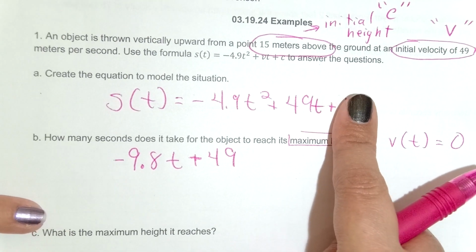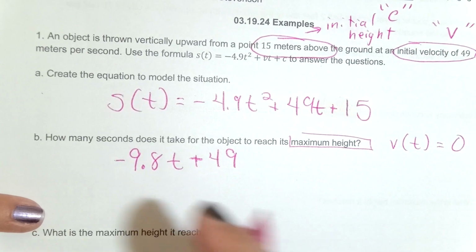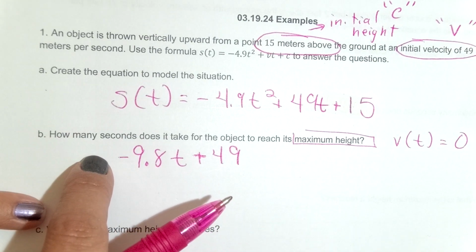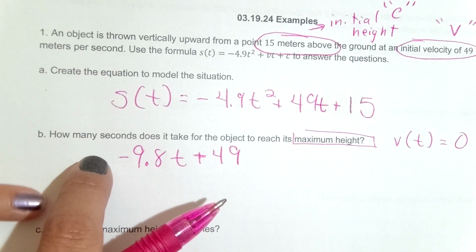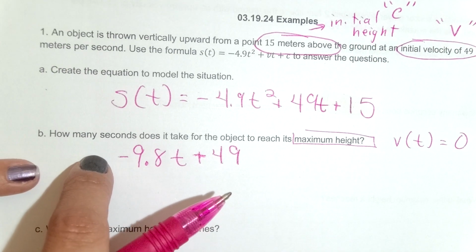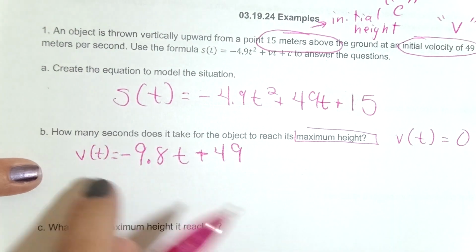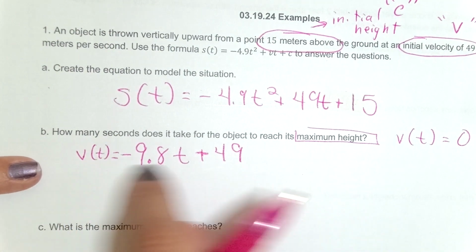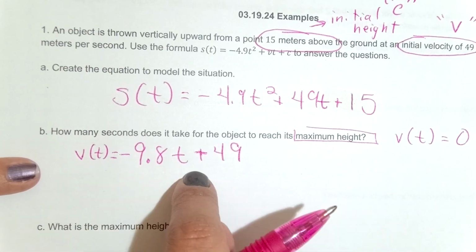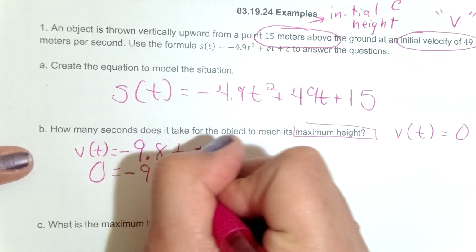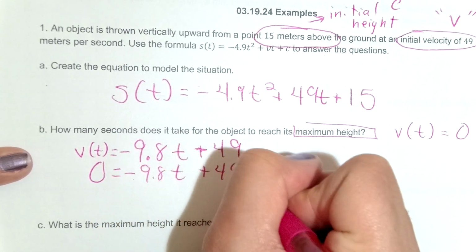This has no variables, so it goes away. What is my notation for this? You don't know? No, not S of t. V of t. Right. Okay. What do I need to set this equal to? 0. So 0 is equal to negative 9.8t plus 49.